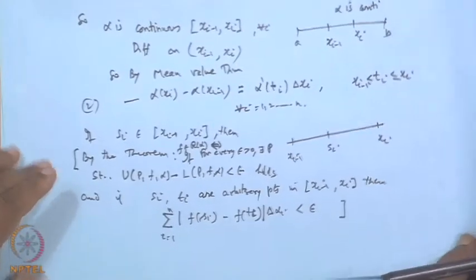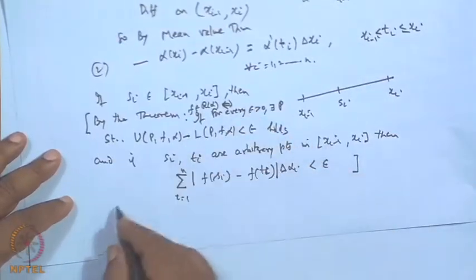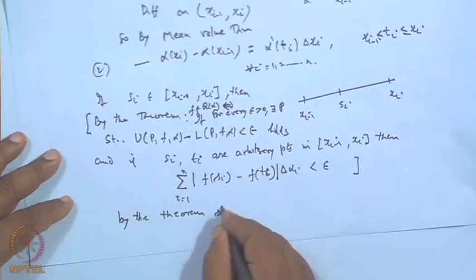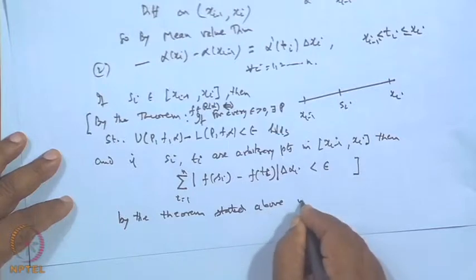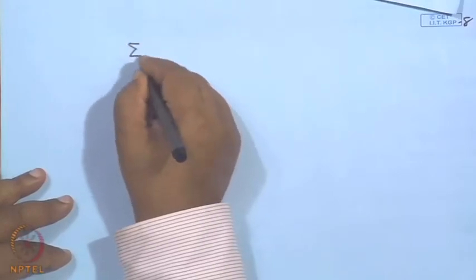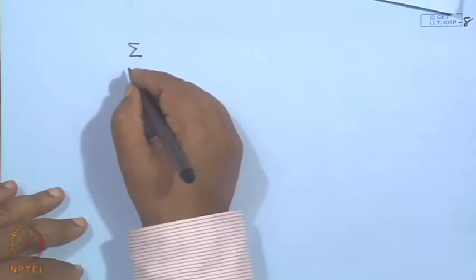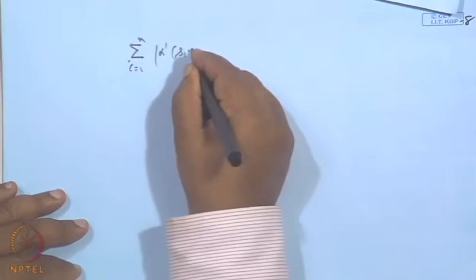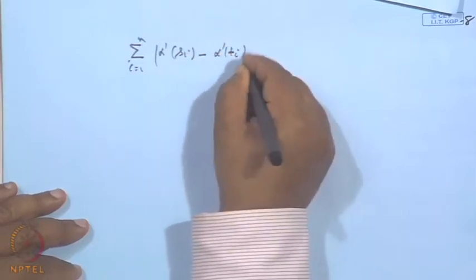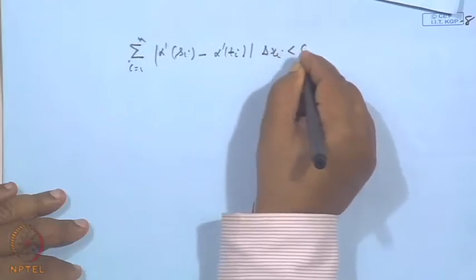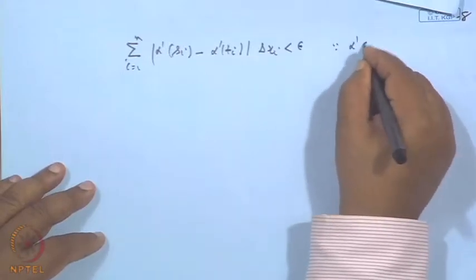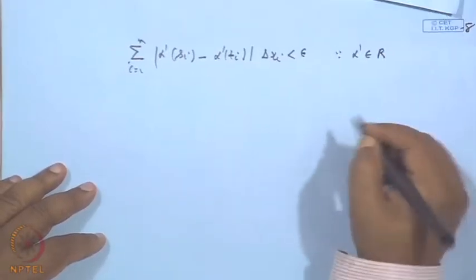So, if s_i is any point of this, then by the theorem stated above we get immediately that the sum from i equals 1 to n of |alpha dash(s_i) minus alpha dash(t_i)| delta x_i is less than epsilon, because alpha dash is in R on [a, b].